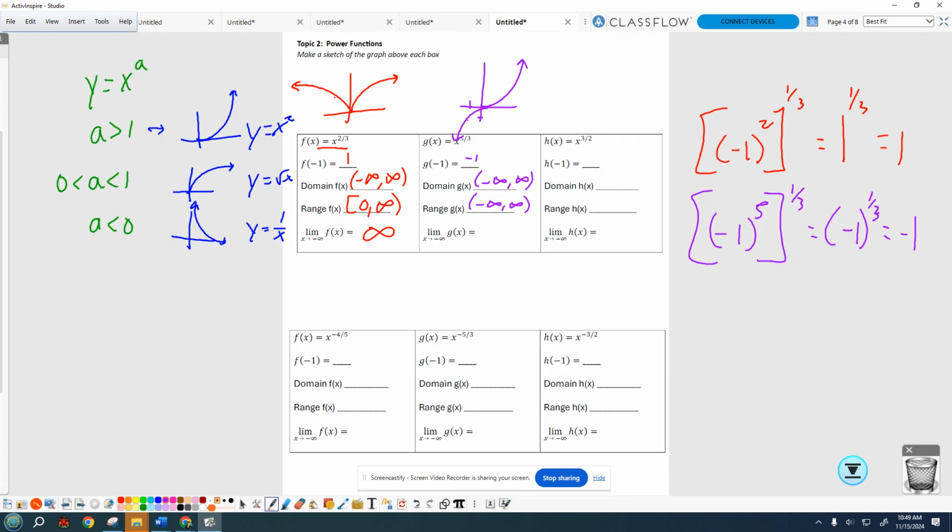Louisa, what is the left end behavior? It's on your paper too. As x goes to -infinity, where's the y value look like it's going? The y value? Yep, to -infinity.